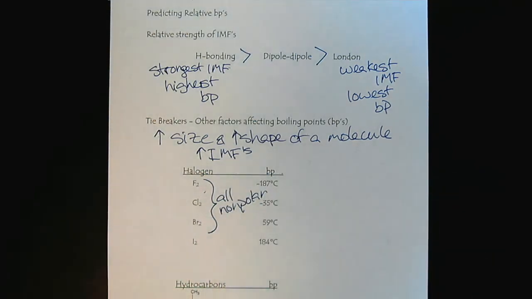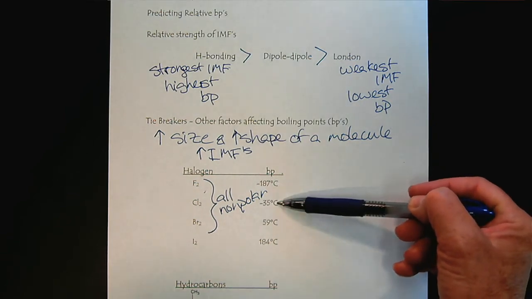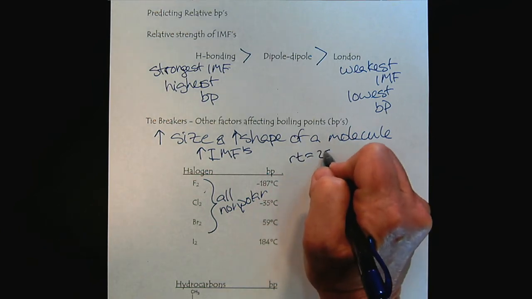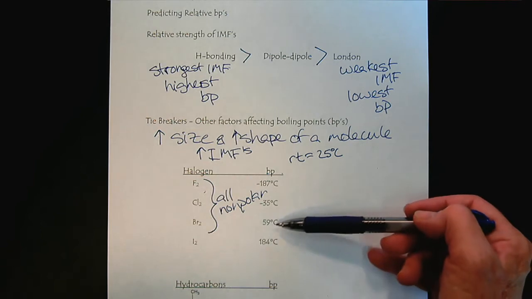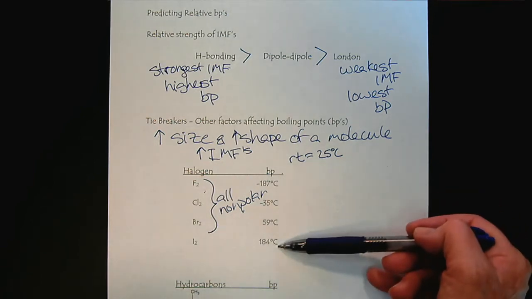However, when we look at their boiling points, we see that fluorine and chlorine are gases at room temperature, right? Room temperature is about 25 degrees C, depends on who you ask. Then bromine is a liquid at room temperature, and iodine is a solid.